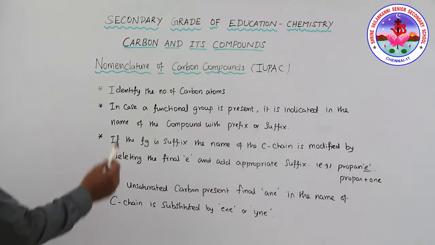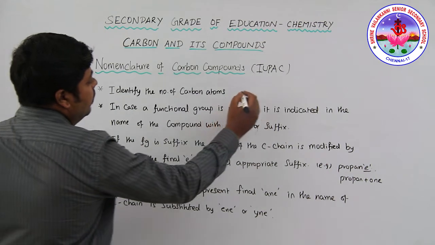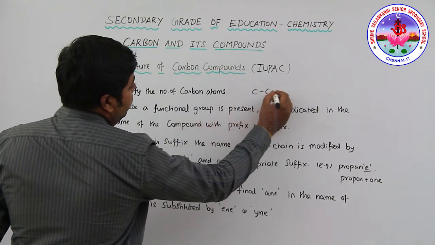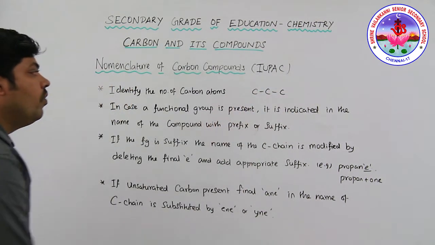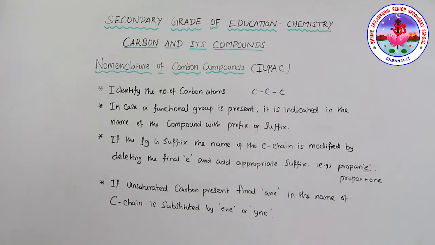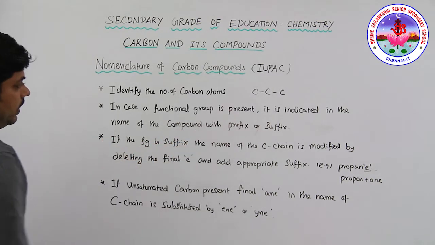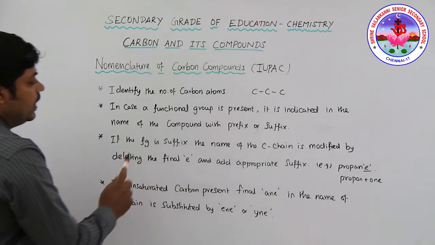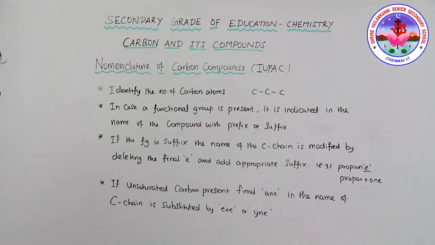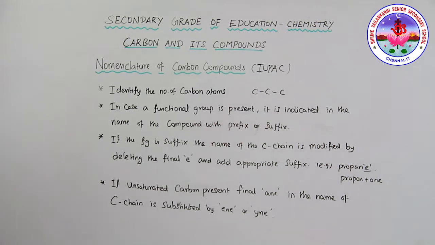For example, 3 carbon atoms means propane, 4 means butane, 5 means pentane, like that. Second, if a functional group is present, it is indicated in the name of the compound with a prefix or suffix. For example, the functional group may be halogen, aldehyde, alcohol, ketone, carboxylic acid, like this.